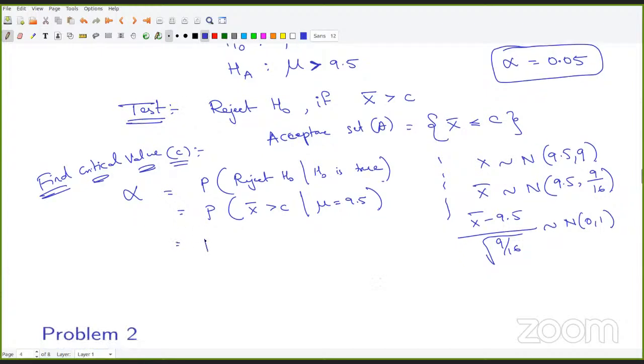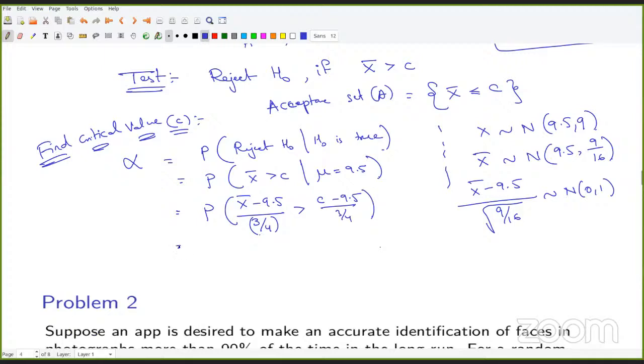So that is what we are going to do. X bar minus 9.5 divided by 3 by 4. I have written it directly: the square root of 9 by 16 is 3 by 4. So this is greater than C minus 9.5 divided by 3 by 4. If you simplify this, this is standard normal.